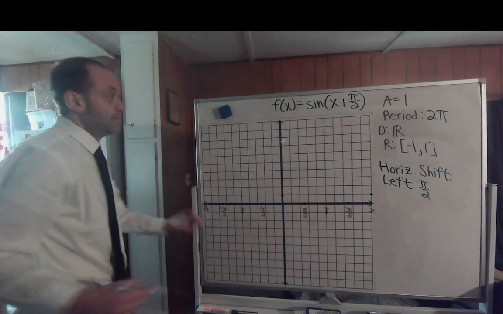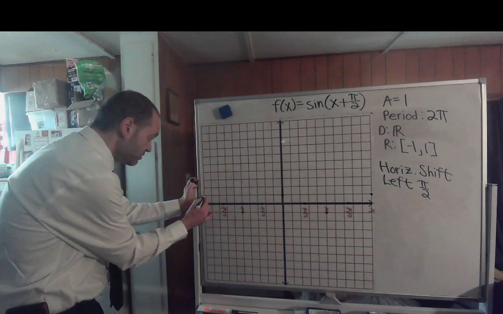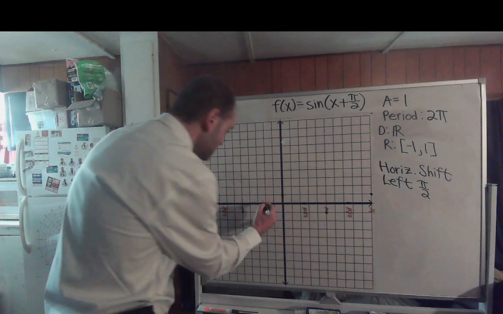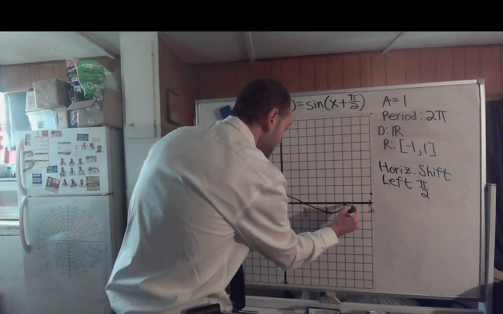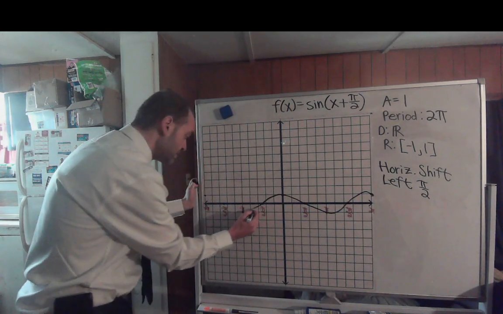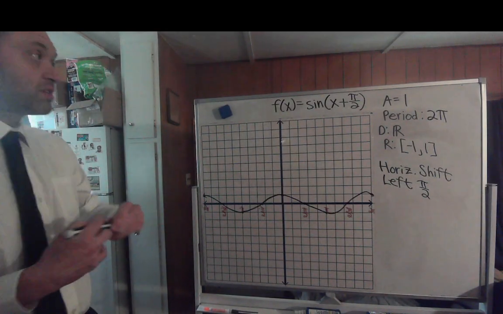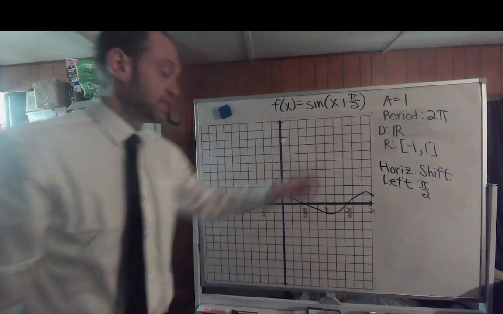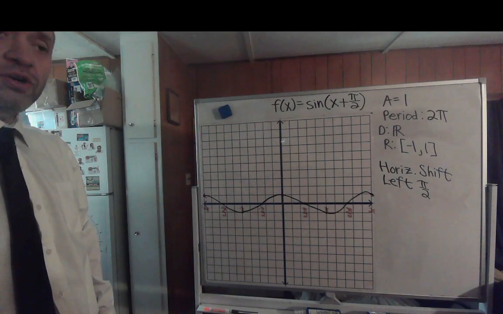Then if I put in negative 2 pi, that would give me the sine of negative 3 pi over 2, which is positive 1. So something very interesting takes place here. So yes, this is technically the graph of the sine of x plus pi over 2, but it actually looks more like a cosine, doesn't it?